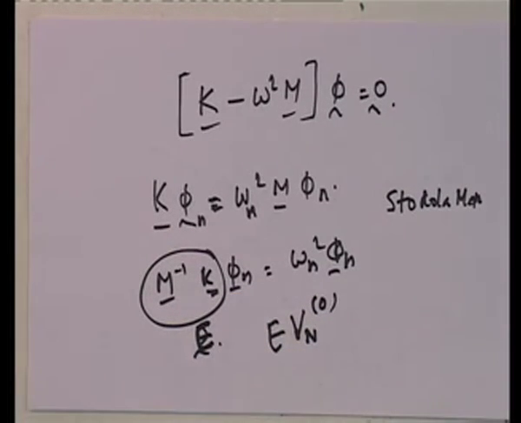And typically m inverse, what do we do? Typically if we use the lumped mass, m inverse is just 1 upon m at every diagonal step.